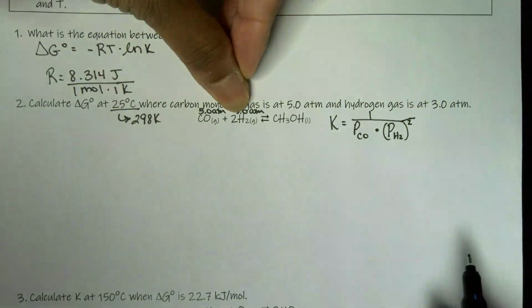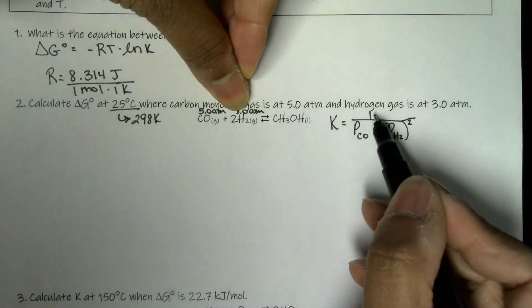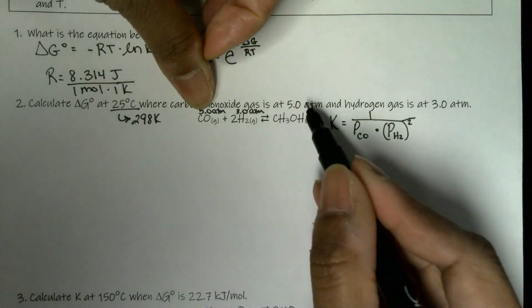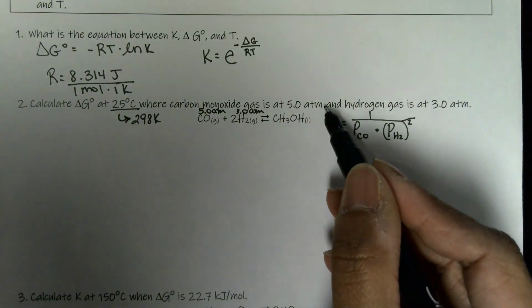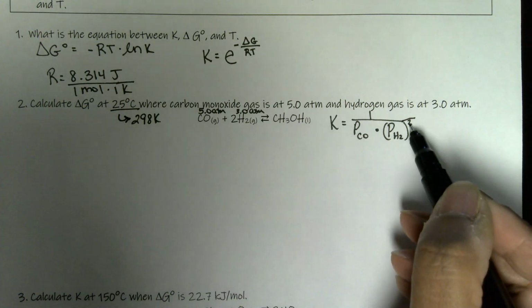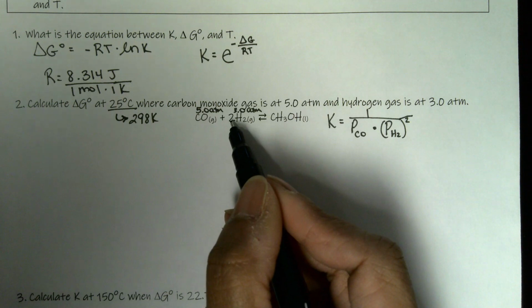So it's still products over reactants. We just don't have anything in the product because it's a liquid, so we're just going to put 1 in there. I'm using the P because these are in pressure. If it was in concentration or molarity, I would use the brackets. And I've raised this to the 2 power because I have the coefficient of 2 right here.